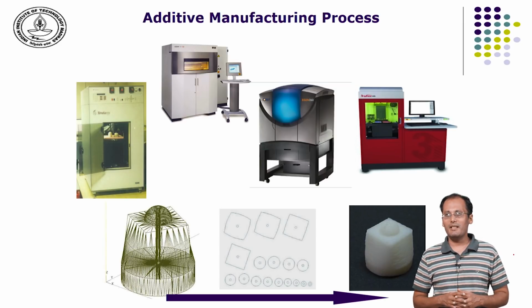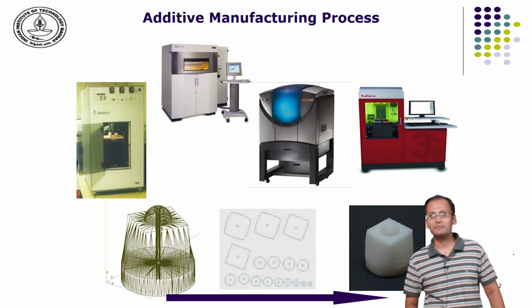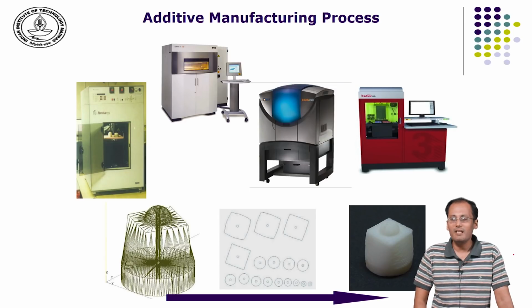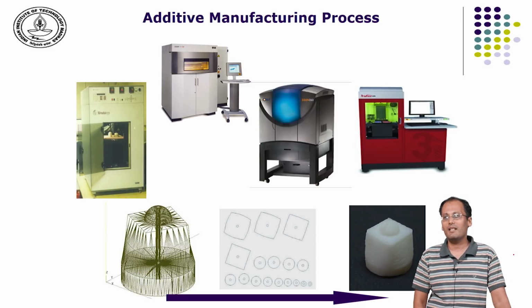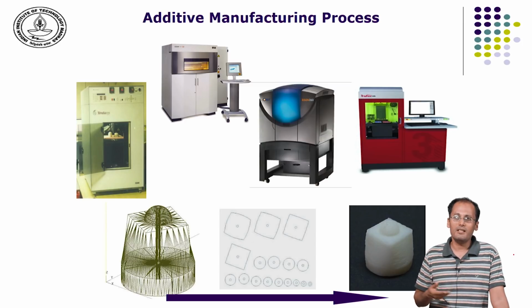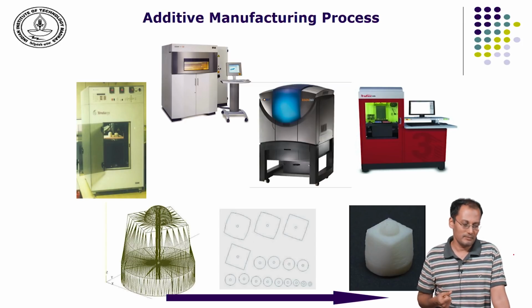So, the design tools need to be capable of churning out large varieties about a mean shape. And not only that, because we are adding material, it is possible to change the material composition.